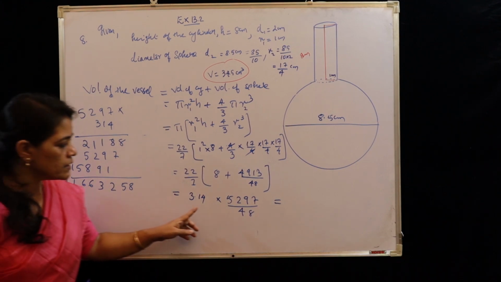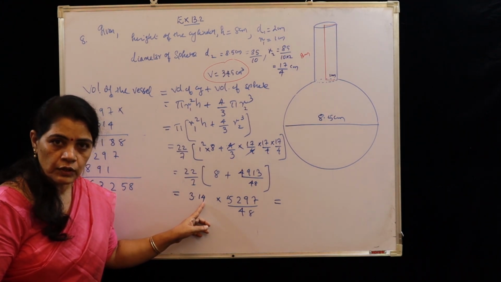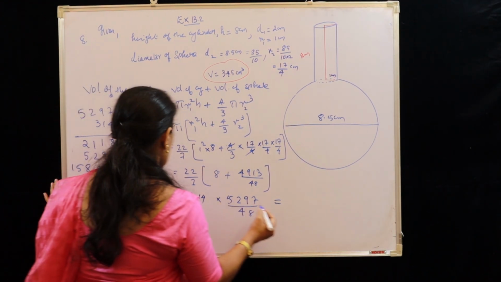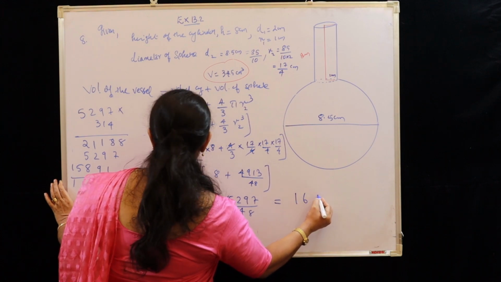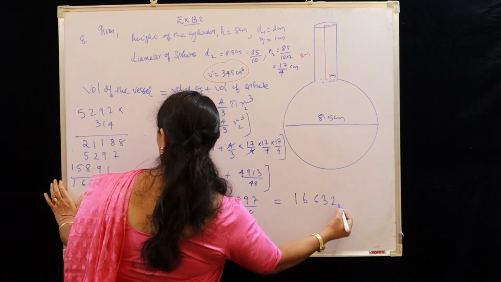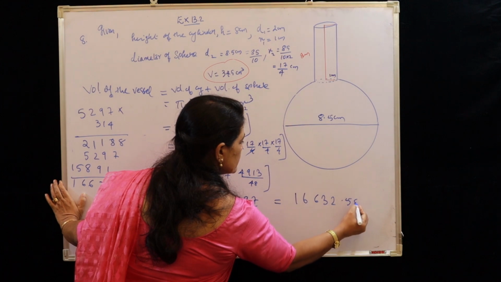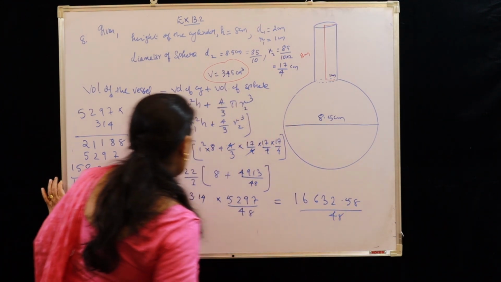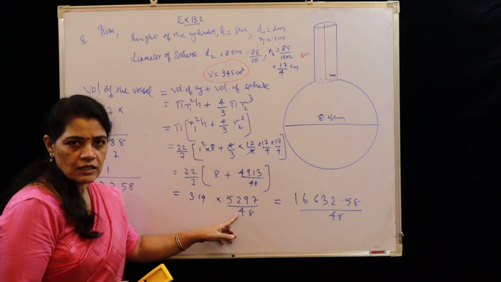So how many decimal places should be shifted to the left side? Because 2 decimal places are there. So this will be the product, that is 16632.58 divided by 48.